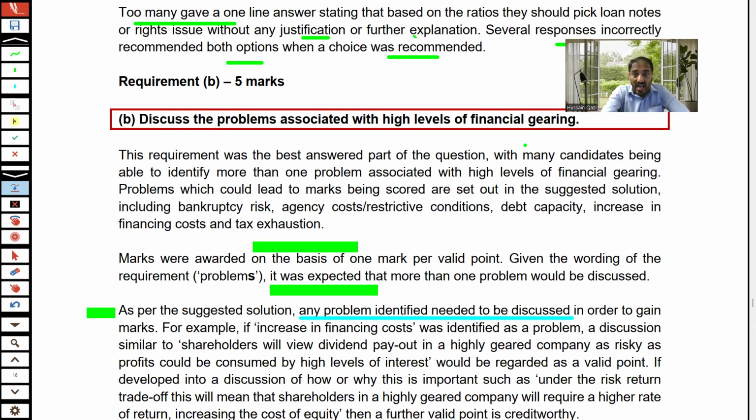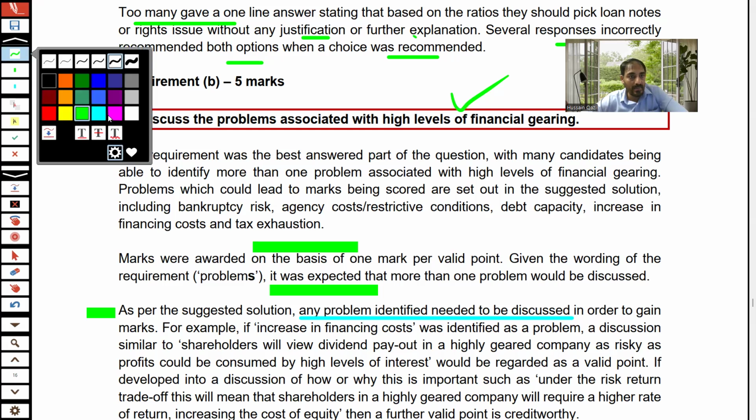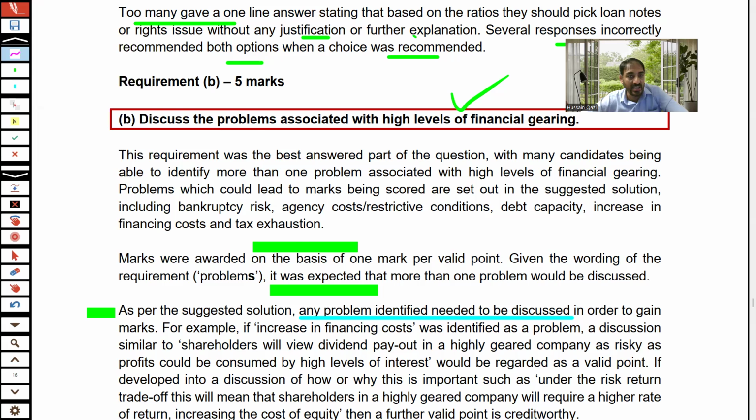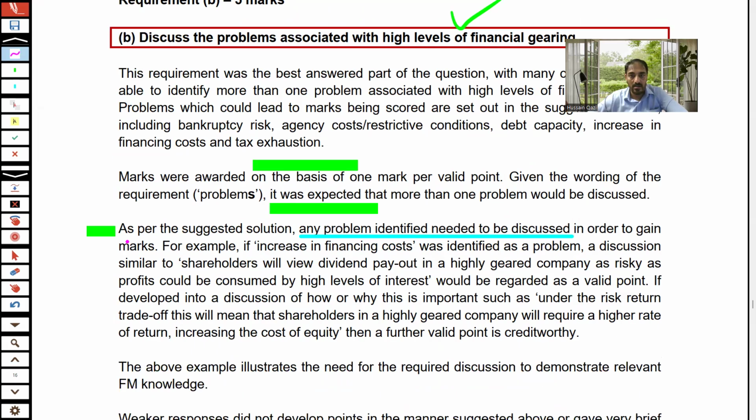Now, about the high level of financial gearing, what does the examiner say? Marks were awarded on the basis of 1 mark per valid point.